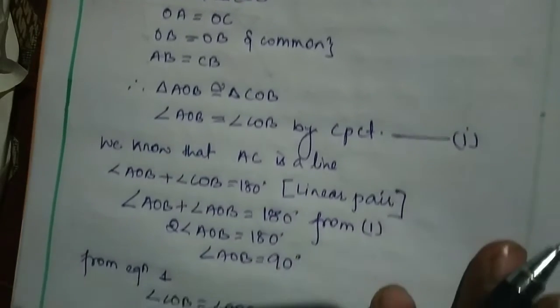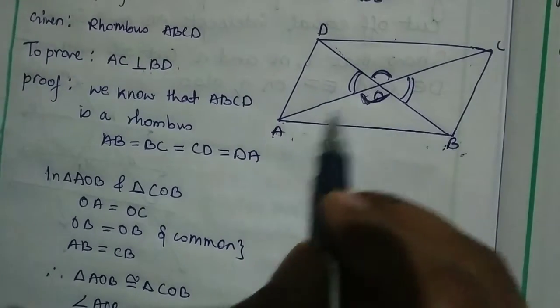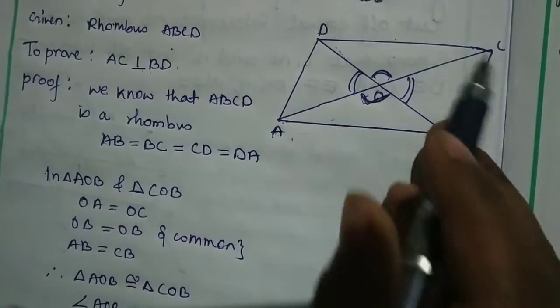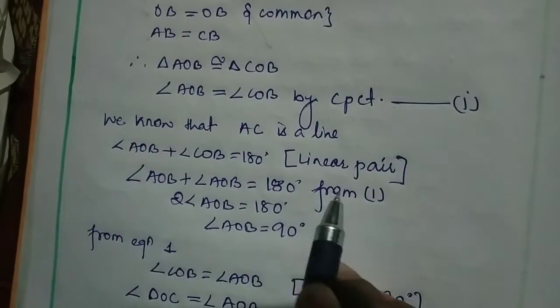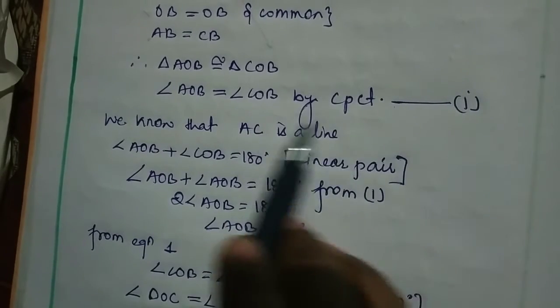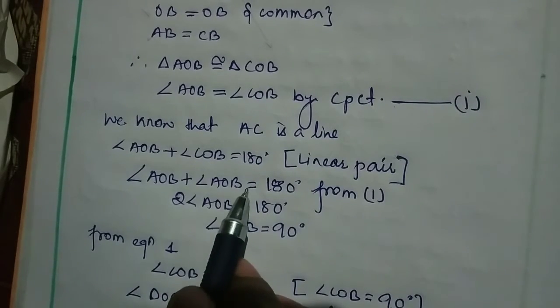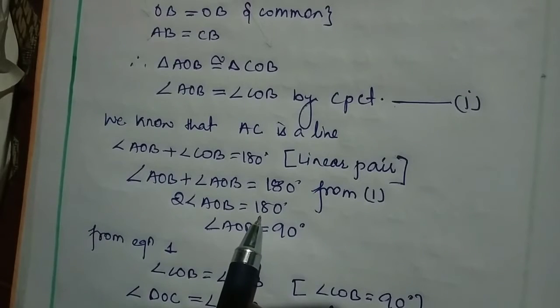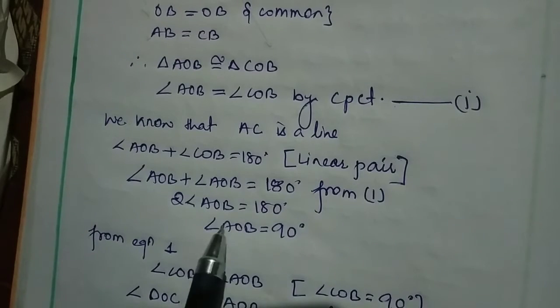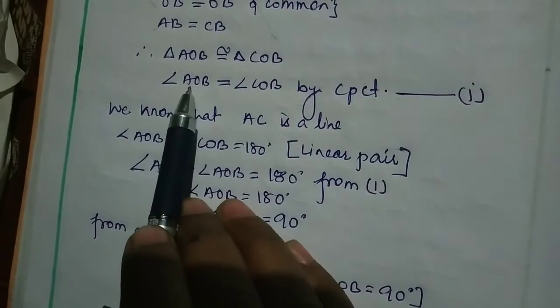We also know that AC is a line, so angle AOB plus angle BOC gives 180 degrees, that is a linear pair. From equation 1, AOB equals COB, so we replace COB by AOB. So twice angle AOB is 180 degrees, and angle AOB is 90 degrees.